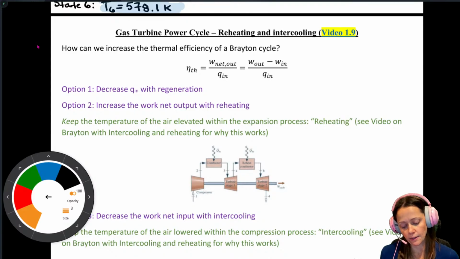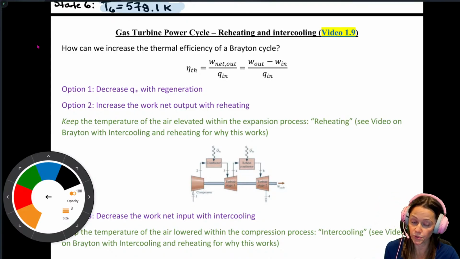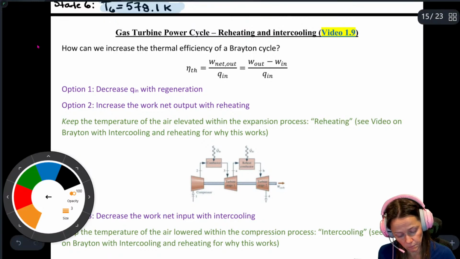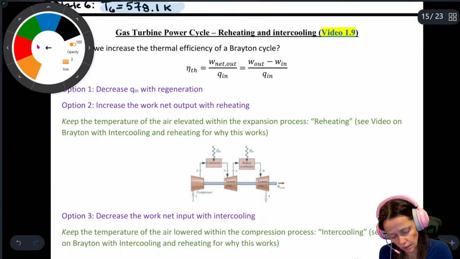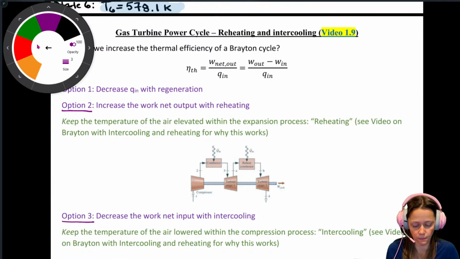All right, so how can we increase the thermal efficiency of a Rankine cycle? The first way was regeneration, which we just talked about, but we've also got reheating as our second option, and then we've also got intercooling. Options 2 and 3 we're going to talk about concurrently.